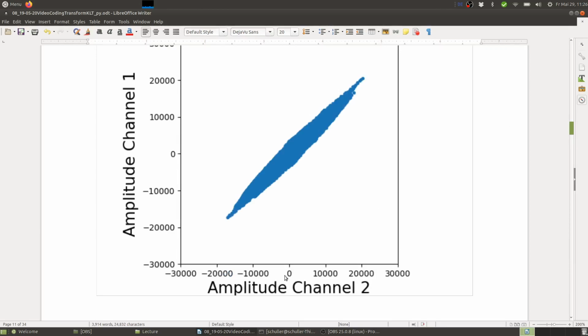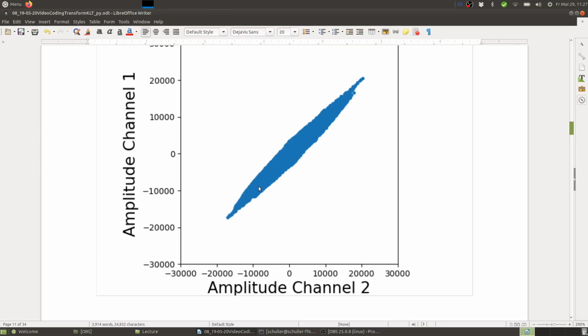Here we can now easily see the correlation between the two. Horizontally, we have the amplitude of channel 2, which is the sample value. And vertically, we have the amplitude of channel 1, again the sample value of channel 1. You can see there's a lot of similarity. When we have a stereo recording, say two microphones at the same position, directed in different directions, then one source will give you just slightly different amplitudes on the two microphones, but they still will be very similar.